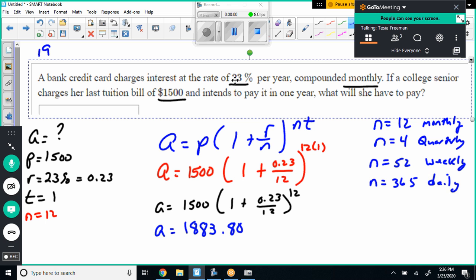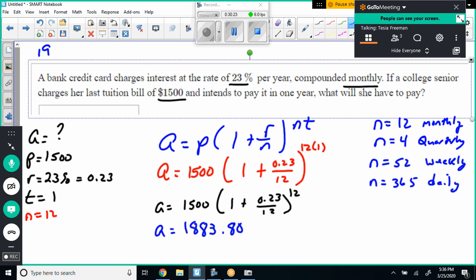Yep, raise it to the 12th power. Then times it by 1500.